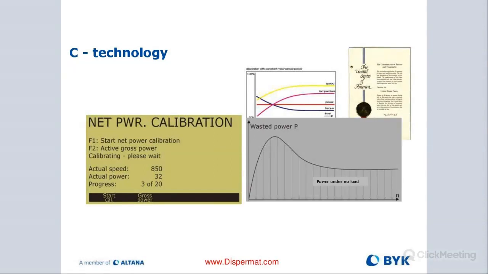We can do net power calibration as the machines run without any product. They're already consuming energy and they are actually using power to operate. So if you're looking at the energy and you want to do a zero calibration, you can do that. And that means you run it for about 20 seconds. And then it basically takes all the values it needs to operate itself without product out of the equation.